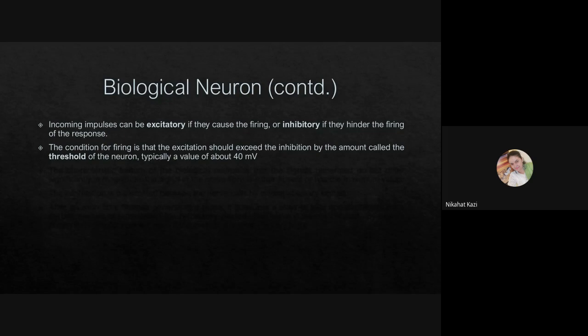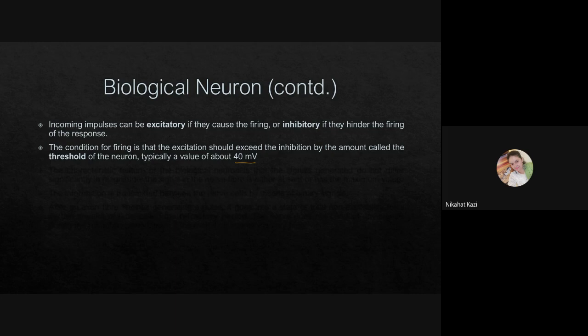So what is the condition for firing? The condition for firing is that the excitation should exceed the inhibition by the amount which is called the threshold of the neuron. So there is a certain threshold for the neuron. Typically, it is about 40 millivolts.